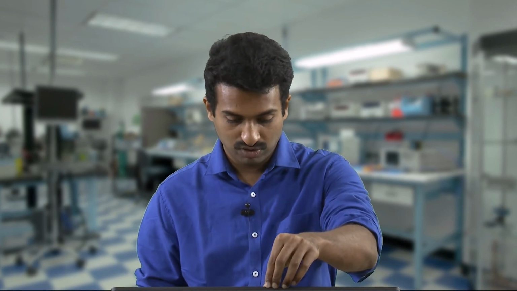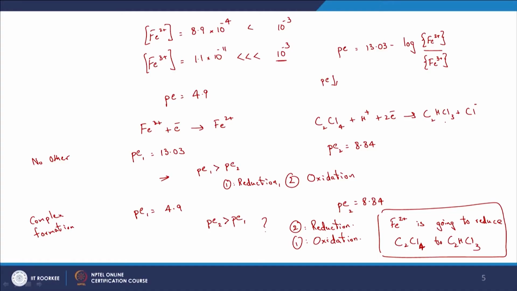So let us look at what we had earlier. If this was the case here, what would you have seen? You would have seen this particular reaction swapped, which has to be the oxidation reaction. So C2HCl3 would have reduced Fe3+ to Fe2+, pardon me, I might have misspelled it earlier.